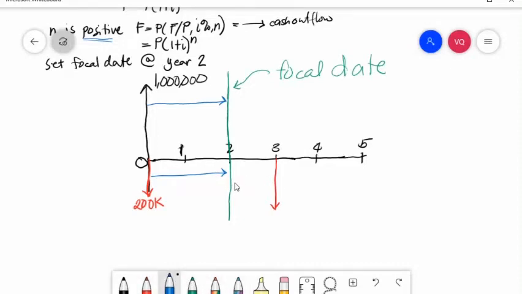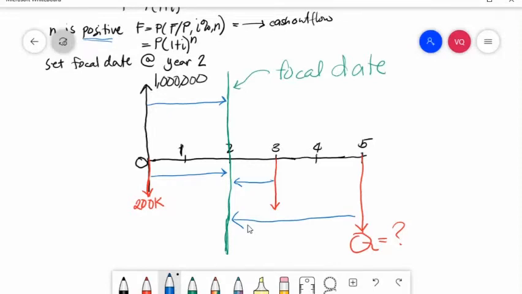From right to left. And the last payment at year 5. So what will be the value of this? Q. Okay. Extend natin yung focal date line natin. So, at year 5, what will be the value of the Q?